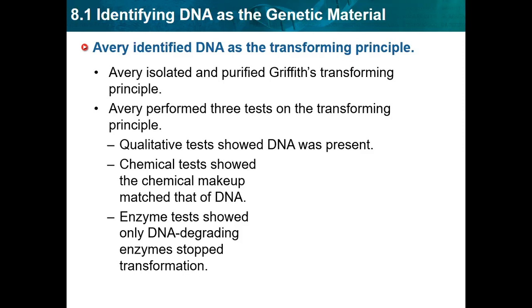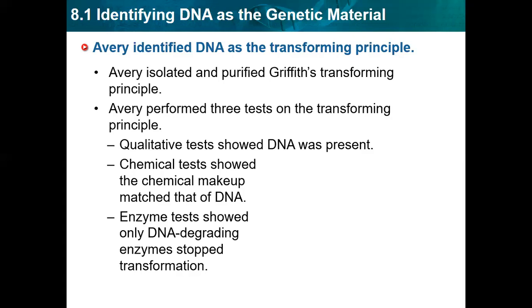DNA is composed of several things, which we're going to talk about later: deoxyribose sugar, phosphate, and nucleotide bases. So when he did the chemical test, he found that the chemical makeup matched that of DNA.